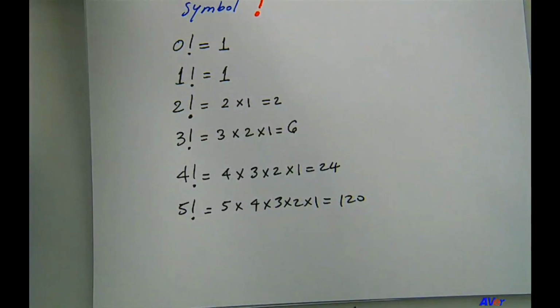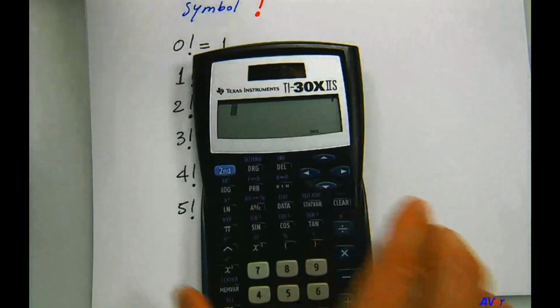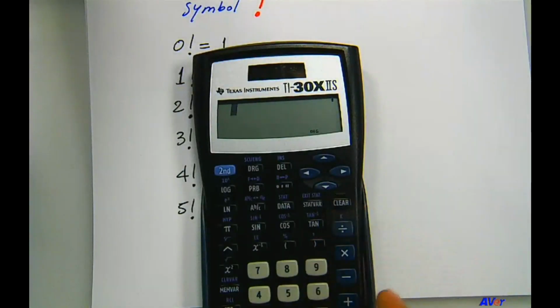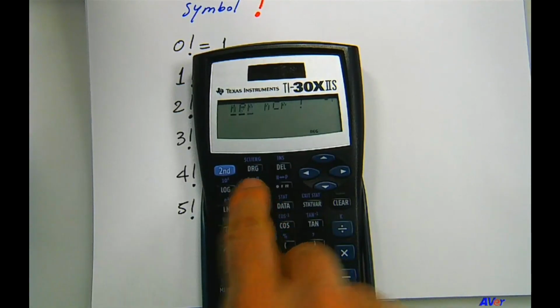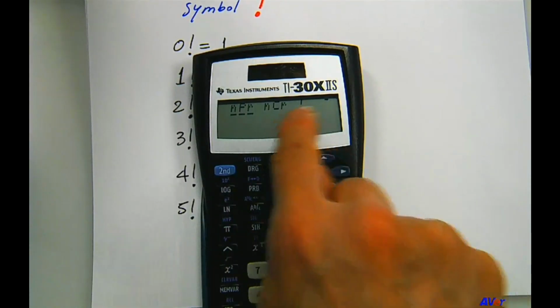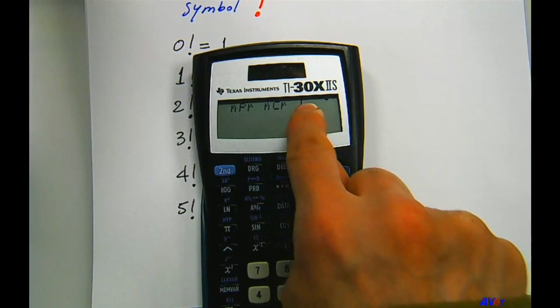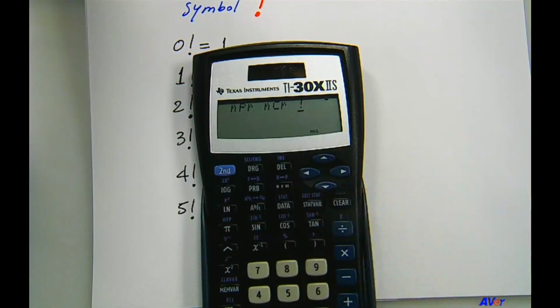So, well, let me actually do one example. Suppose we want to do 12 factorial, right? How would I do it on this calculator? First, I would enter 12. Then I would hit the PRB button. Then I would scroll over to the factorial symbol with my arrow keys. Then I'm going to hit the Enter key.